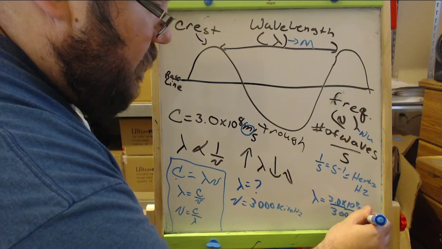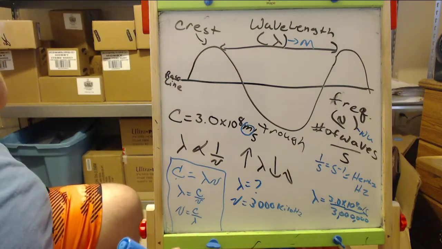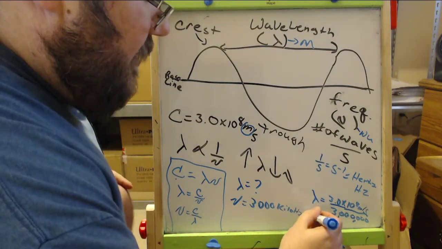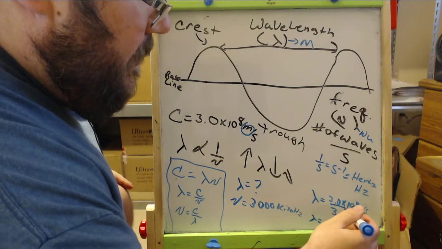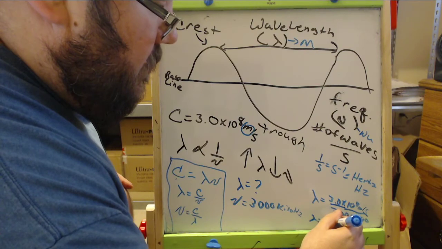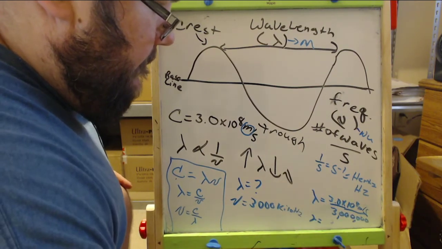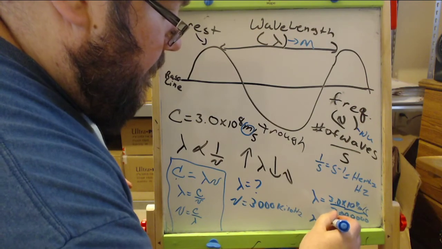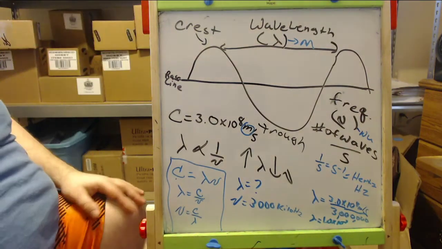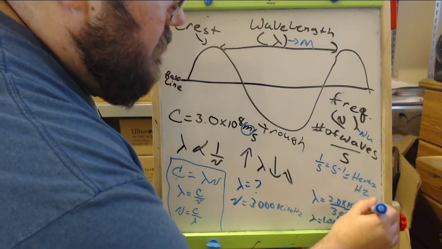So add 3 more zeros, which is actually 3 million. Okay, and you can find that your wavelength is what? 1, 2, 3, 4, 5, 6. 3.0, or sorry, 1.0 times 10 to the second. Okay, and that would be in meters, because this is 1 over seconds, and it cancels out.